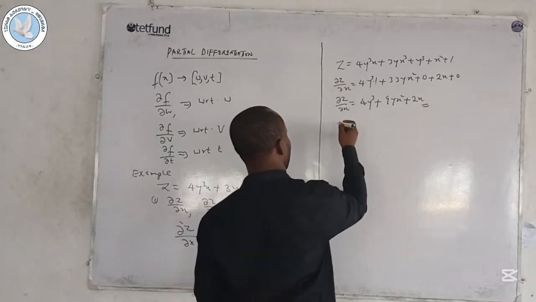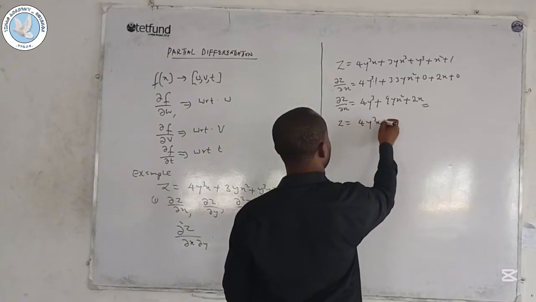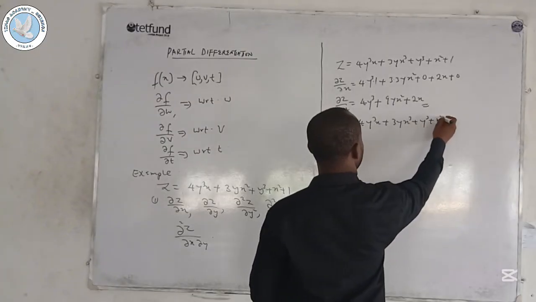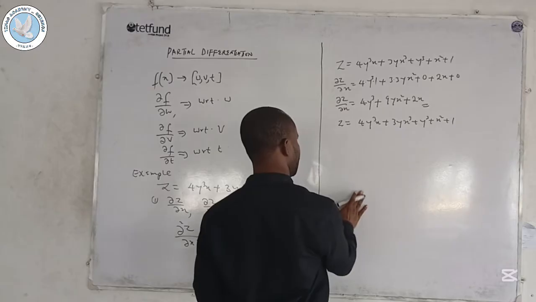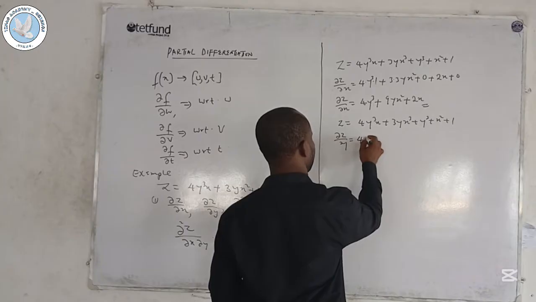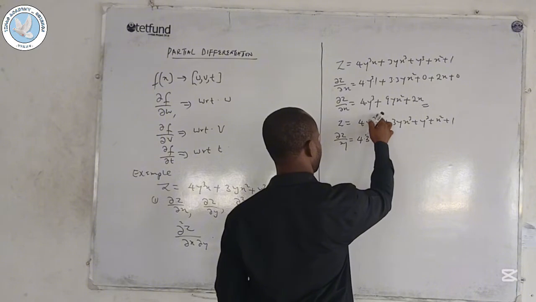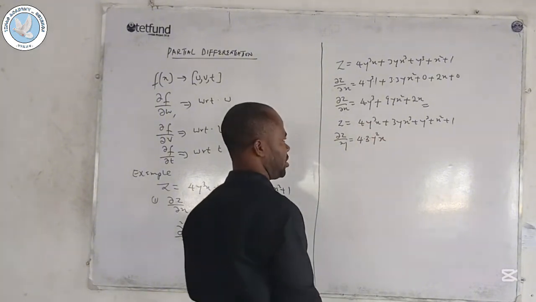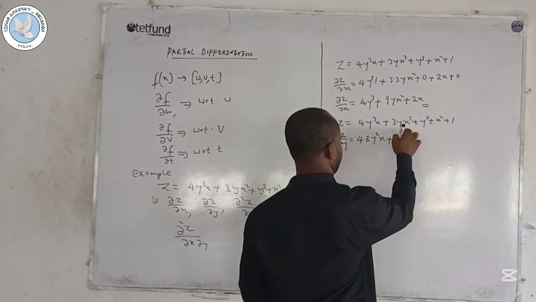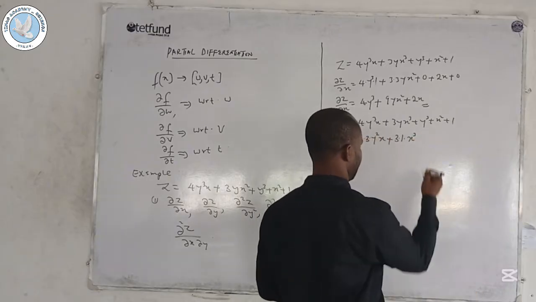And also with respect to y, we have z equals to this plus 3 cubed plus x squared plus this. So at this point dz dy is going to be 4 times 3. We're going to reduce this from 3 to 2, and x will remain being constant. We also have this 3 times 1 because of this y, and we're having an x cubed.